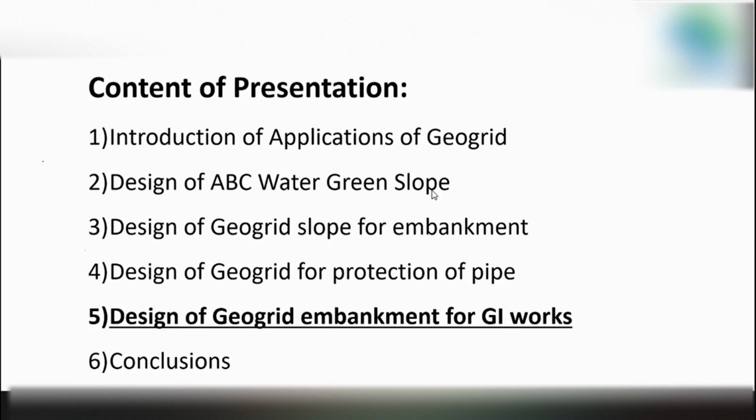In this case, we actually use the geogrid to build a steep slope embankment for ground improvement work, such as when you want to pre-consolidate a ground with prefabricated vertical drain PVD. You need surcharge, right? So normally to maintain the surcharge, you need to maintain a very gentle slope. Because of this gentle slope, it has a lot of edge effect that is not desired by geotechnical engineers in doing the consolidation work.